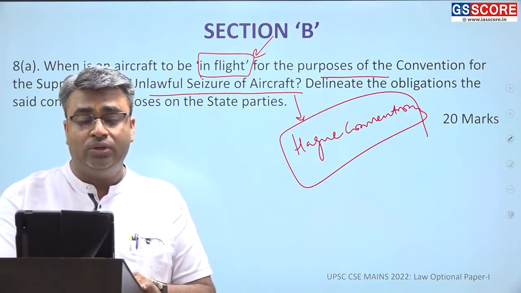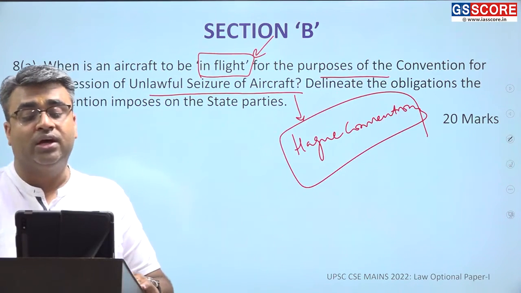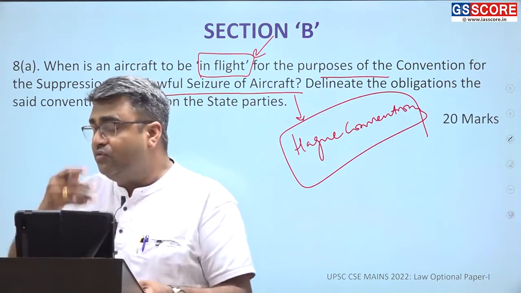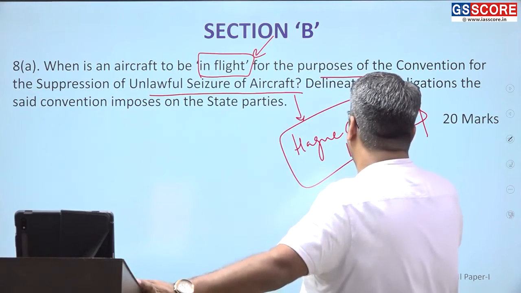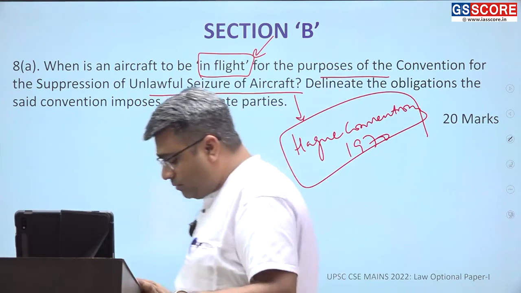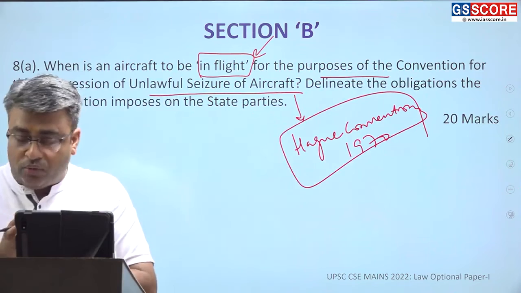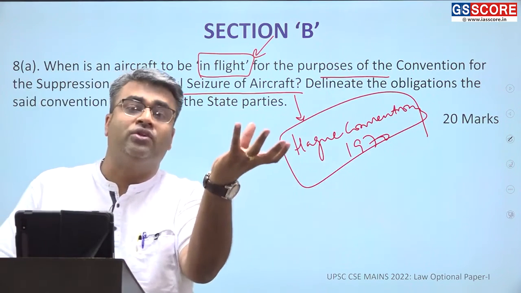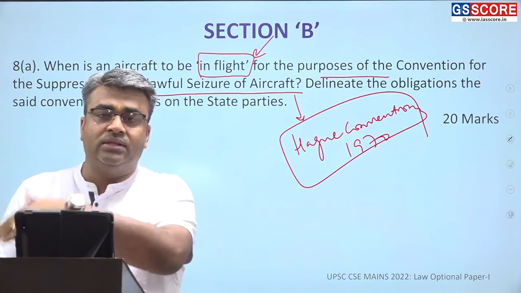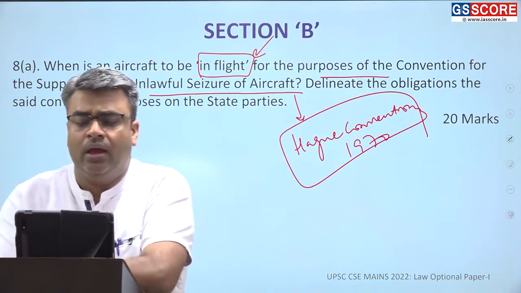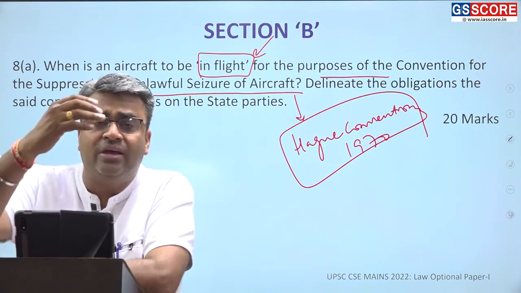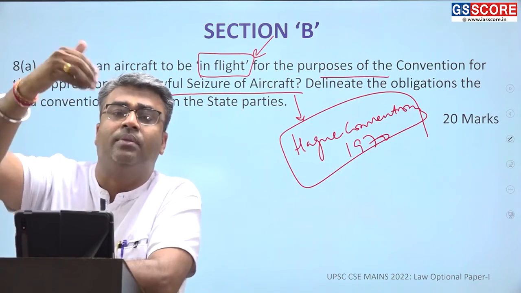I will simply mention to you the article of this particular convention, the Hague Convention of 1970. Before this Hague Convention there was the Tokyo Convention, and after this there was the Montreal Convention as well. Actually, hijacking was not considered a crime earlier.